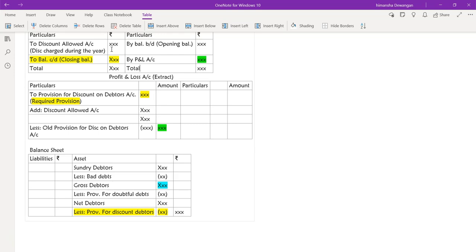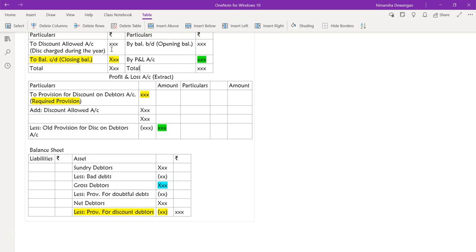Either this person will pay you the money, or this person will not pay you. If you feel this person will not pay at all, you will remove this person in the name of provision for doubtful debts, right? And the net debtors that you have, the good debtors who are going to pay me the money, these are the people to whom I will give the discount.